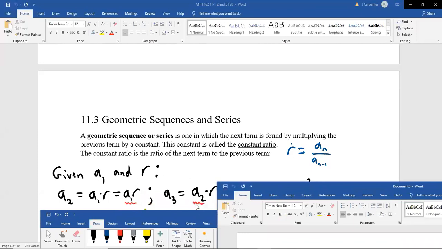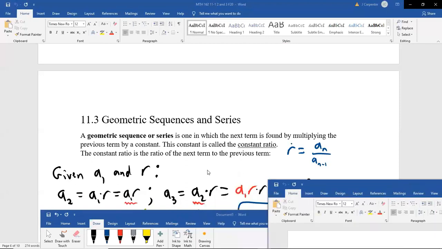And you'll notice I've got some red stuff underlined, and that's because they're the same thing. The second term, we just said, is actually the first term times r. So this little a sub 2, I'm going to replace as a sub 1 times r. Now be careful, there's this r here. This r is not the same as this r. They're the same value, but they're different r's. There's 2 of them.